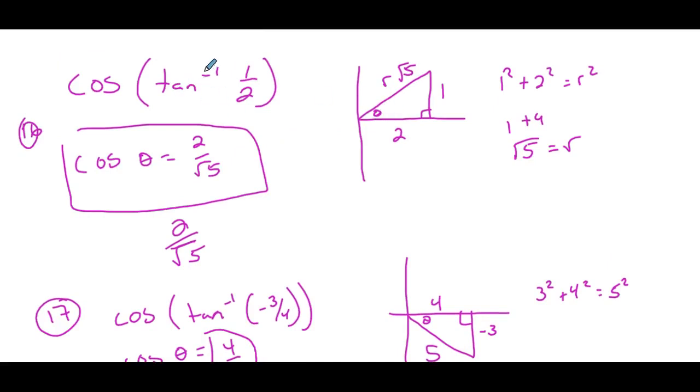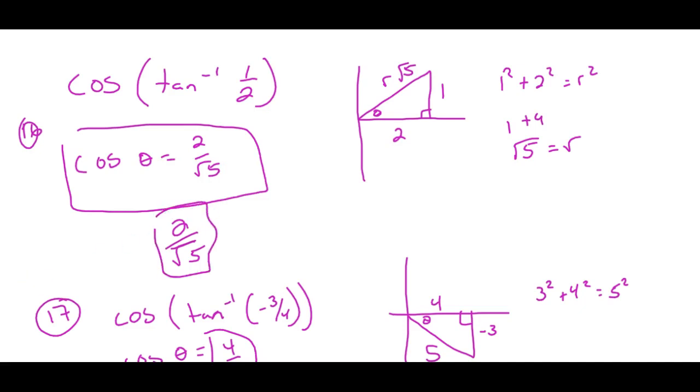I don't care what the tangent inverse of 1/2 is. It's going to be some angle, and it doesn't matter what it is, because you're just going to find the cosine of that angle, which just gives you the ratio back. So with these types of problems, create your right triangles, find your third side, and then find your ratio, and then solve the problem. And that's the final answer.